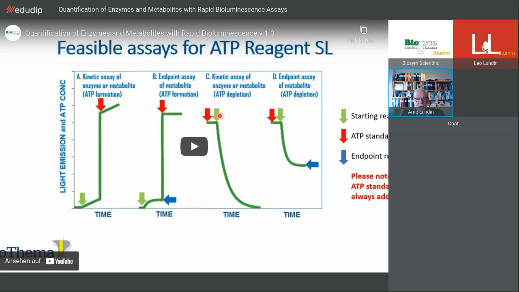At LKB Products, I had my own product line, and I also started labs at Amersham International and BioOrbit. In 1987, my wife and myself started our own company, BioThema. I have written more than 70 scientific papers and several patents. So that was a short introduction of myself. Thank you very much.